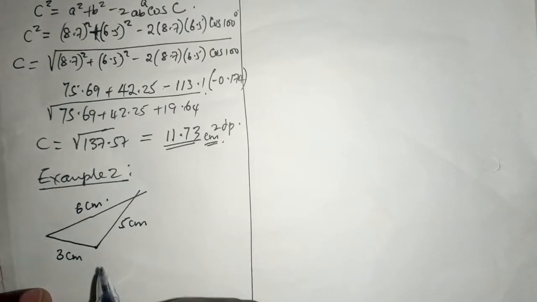We all know that the smallest angle is the angle opposite the shortest side.